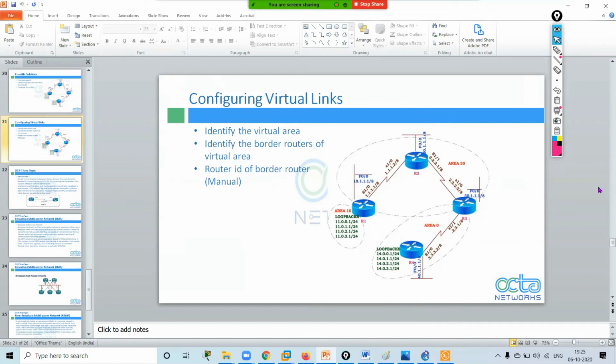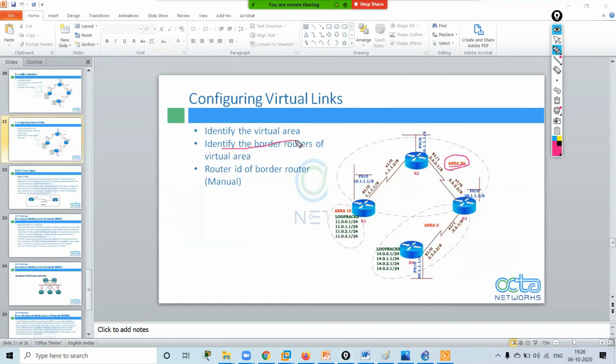So in this example, my virtual area is area 20.